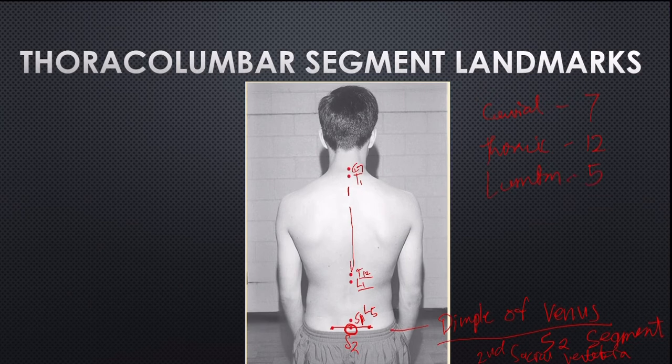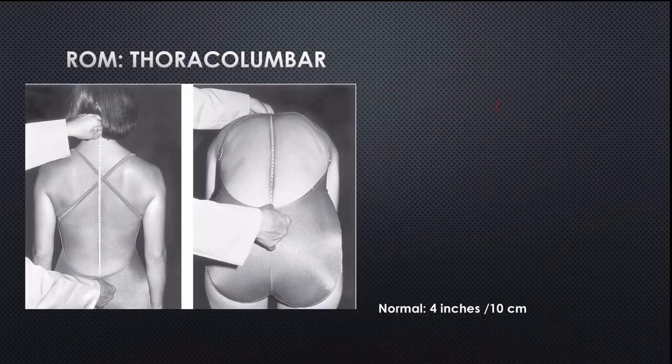Then sacral, they are usually fused into 1 vertebra, but the most prominent one is your S2 due to the dimple of Venus. It should be aligned, the two should be straight to one another. Just simply above it is your S1. That's how easy you can palpate that. So be familiar with that.